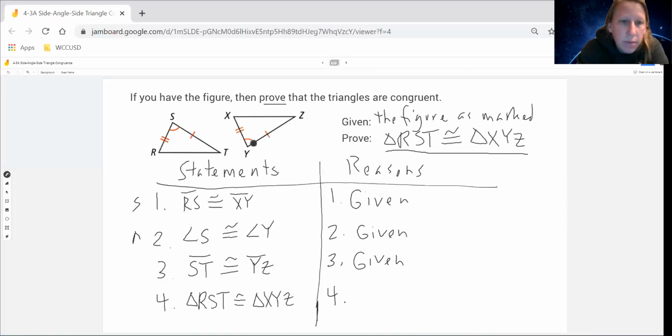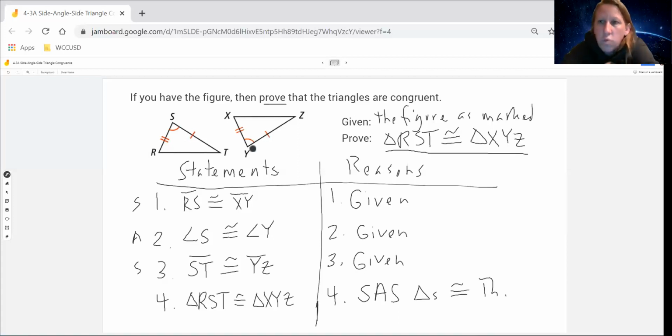I showed that the angles in between those sides were congruent, and I showed that the last pair of sides were congruent. The reason these two triangles are congruent in this section of the book is because of the side, angle, side triangle congruence theorem. This is a theorem in your textbook that you are allowed to use to show that two triangles are congruent.